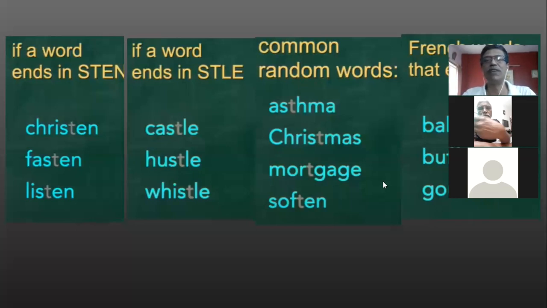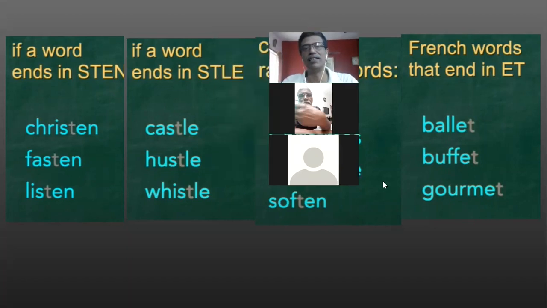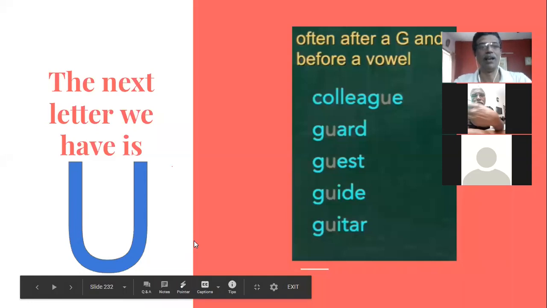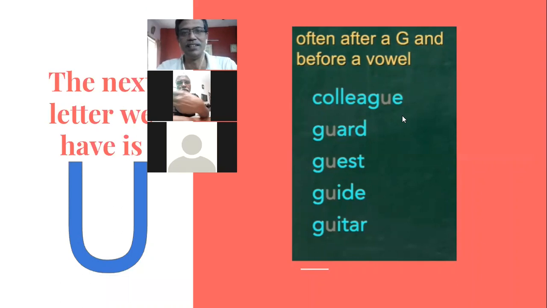And what do we have here? There are some French words again that have come into English, like ballet, buffet, gourmet. The T goes silent in these words. Now the letter U. Often after a G and before a vowel, if it is sandwiched between G and a vowel, the U goes silent.